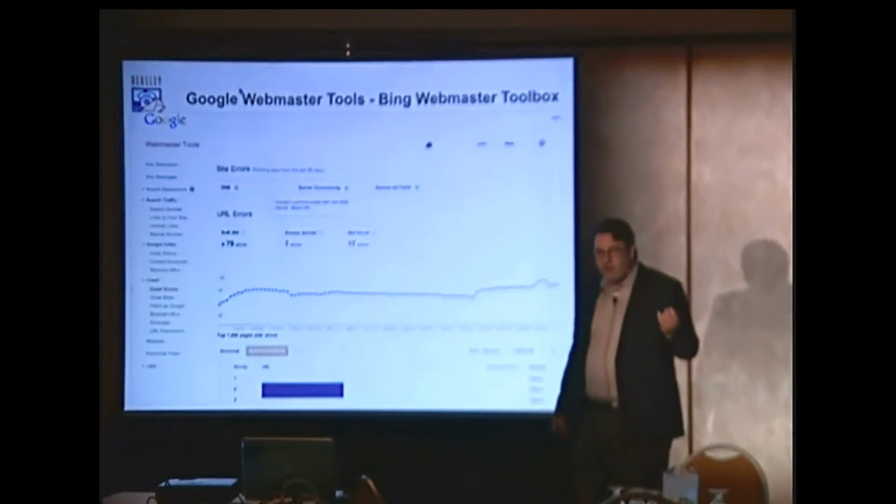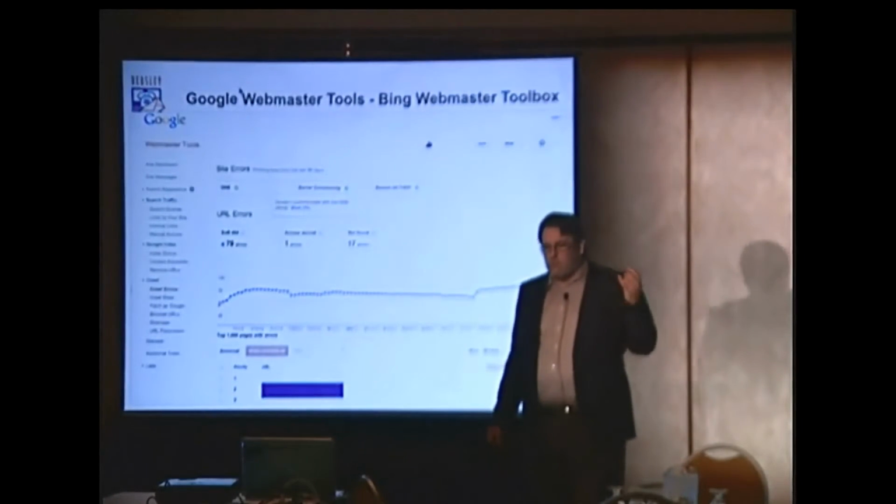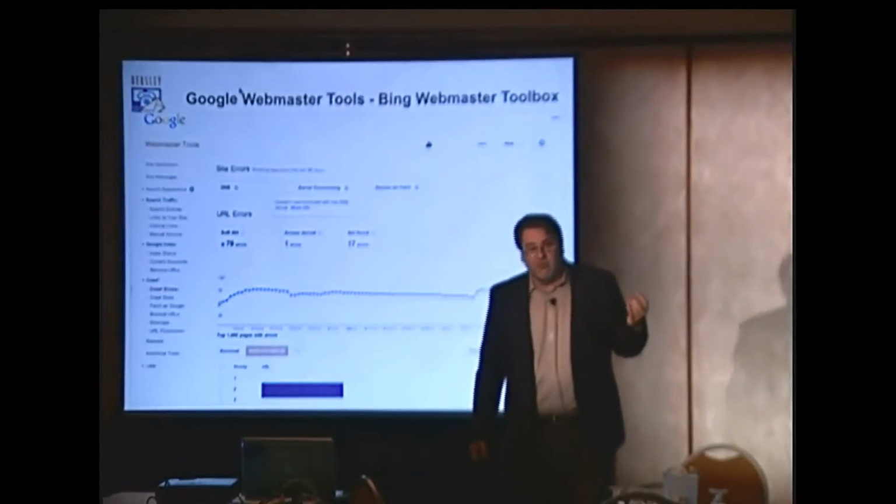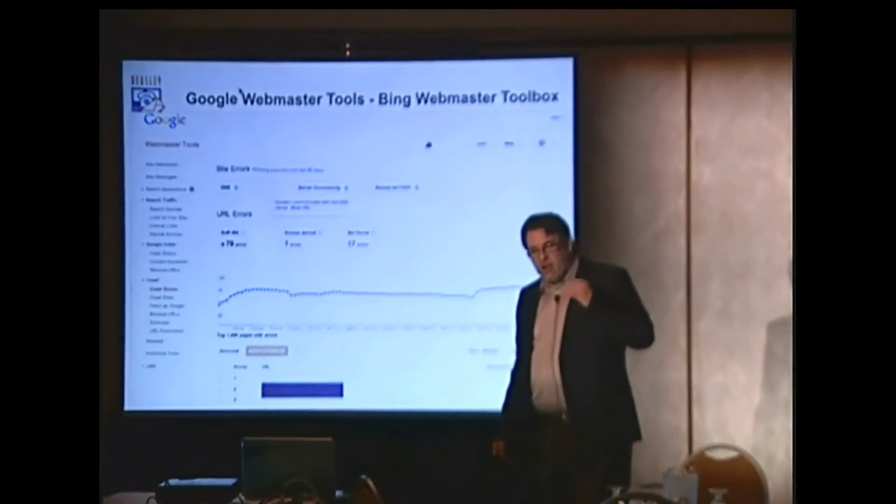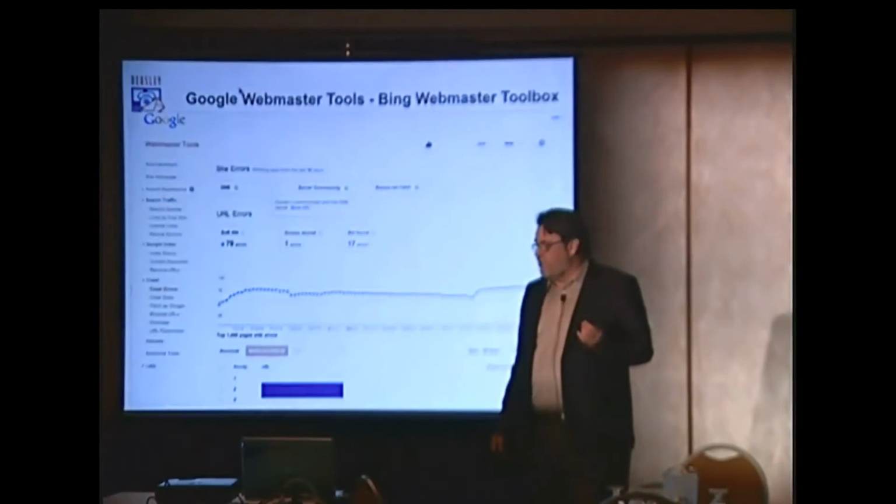You can also get information, and this is really one of the cool things about Webmaster Tools, you can get information on the top 1,000 daily searches for your website and the top 1,000 daily landing pages for your website that have come up.